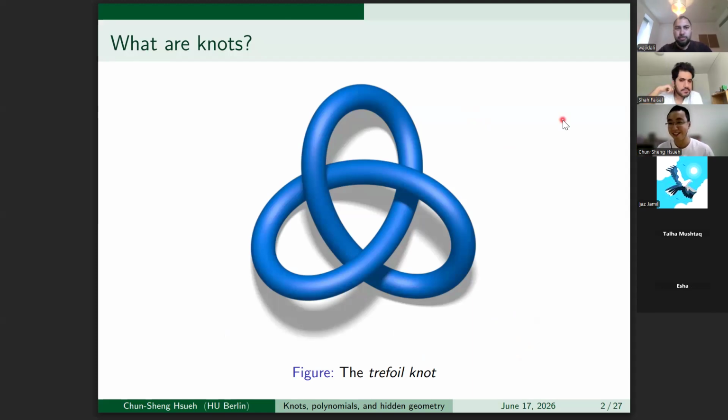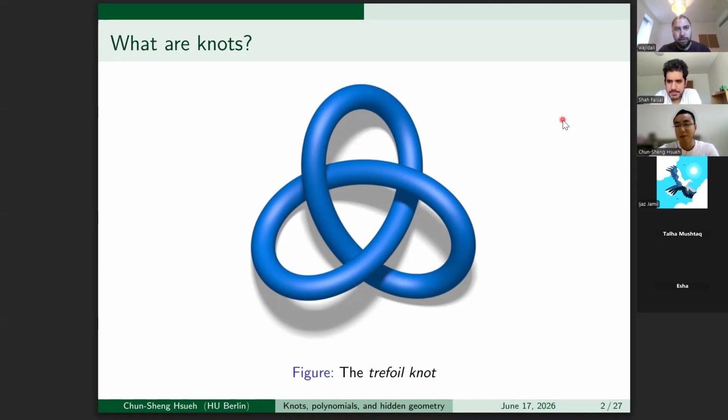So what are knots? Knots are embeddings of one-dimensional spheres. So a circle is a one-dimensional sphere embedded in three-dimensional space. Usually we start by talking about embeddings of S1s in S3, the three-dimensional sphere.